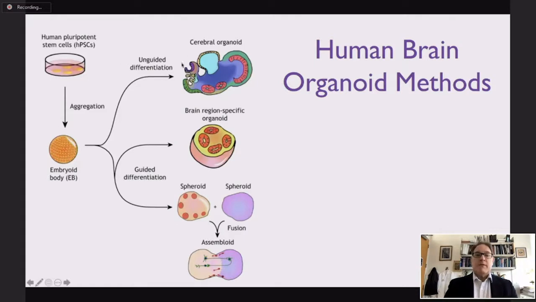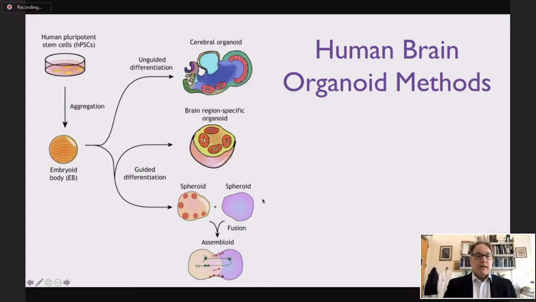And so you get these complex brain or cerebral organoids that make different brain structures. The problem with this, it's very inconsistent in terms of what structures you make from time to time and batch to batch. So most people have gone to what's called a guided differentiation with small molecules to make brain region specific organoids. So you can make excitatory cortex, you can make thalamus, hypothalamus, cerebellum.